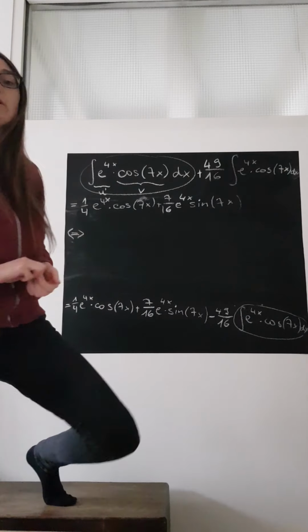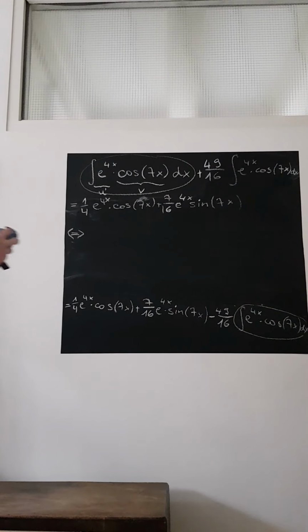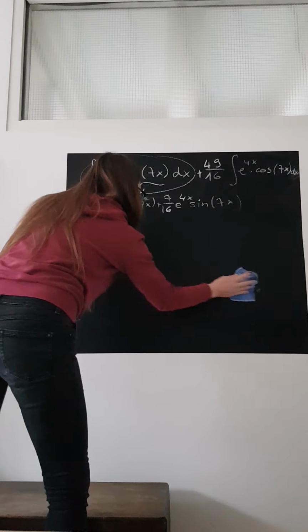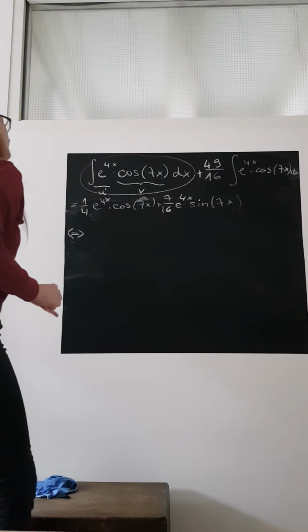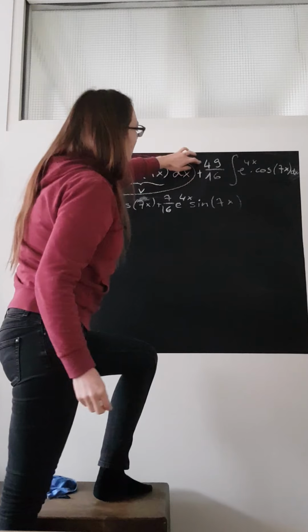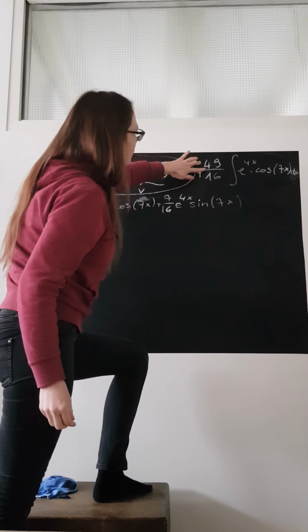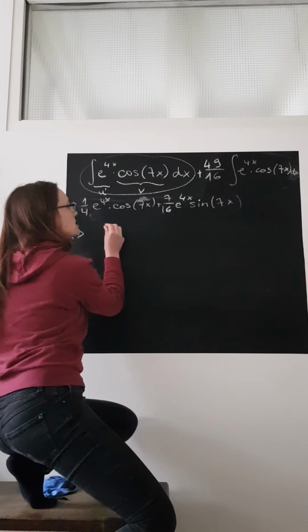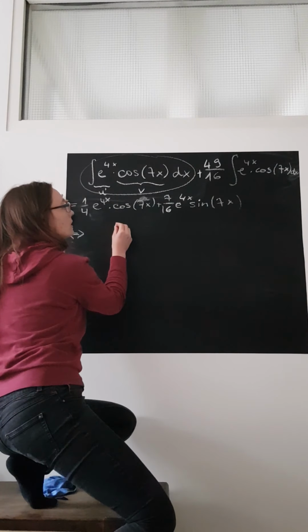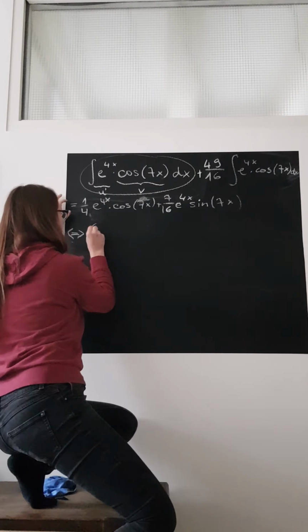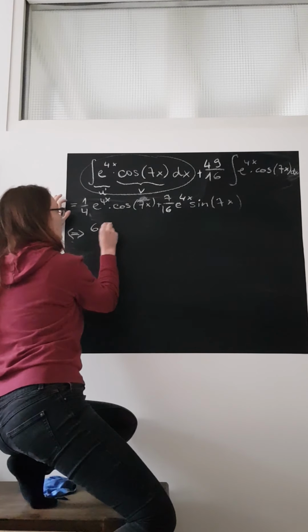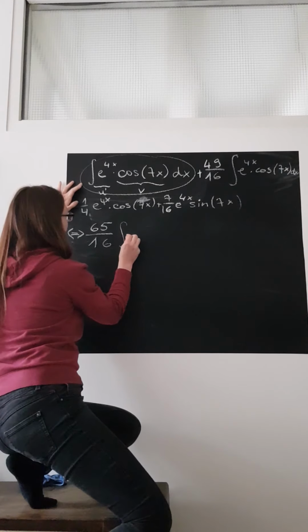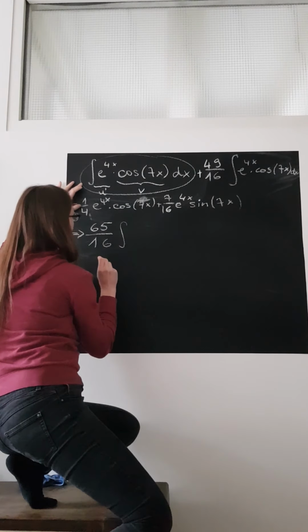So that is equivalent to 49/16 plus 16/16 is 65/16 of this integral equals this.